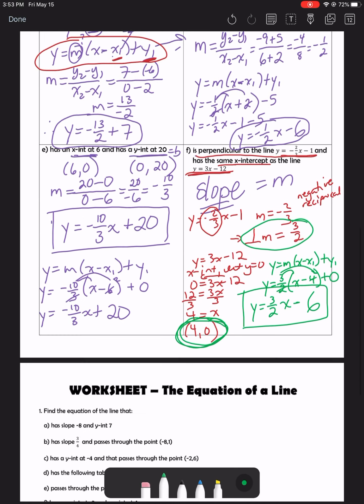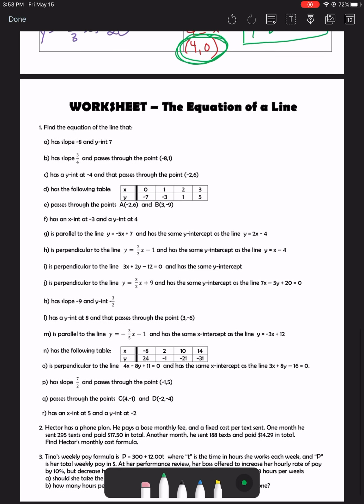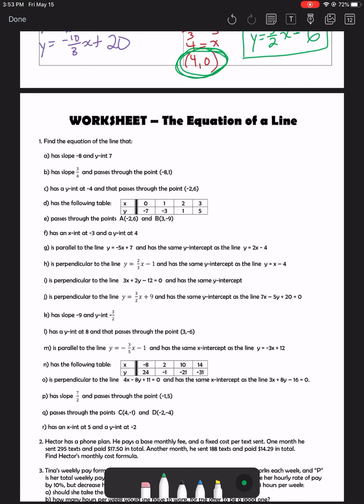All right, so good luck with the worksheet. There is a lot of practice questions there. You have all the way up to R for practice questions. I will post the answers as full solutions. I'm not going to do videos of them unless you need me to. But try them first, try them on your own, and remember those two facts.